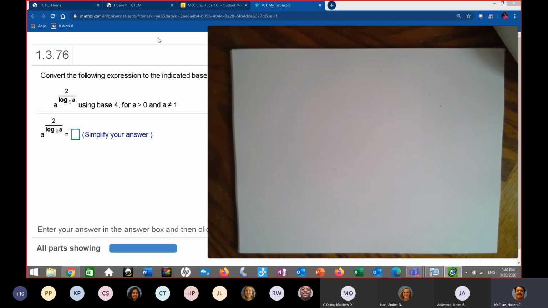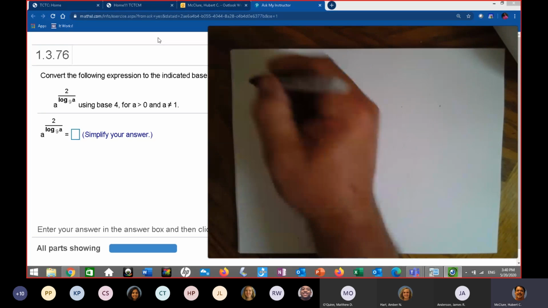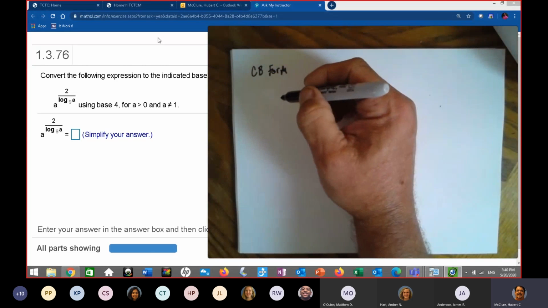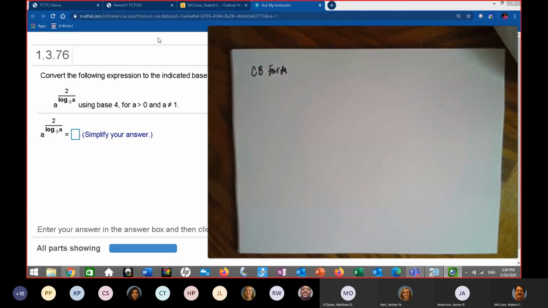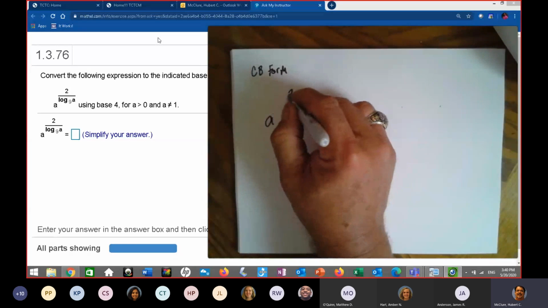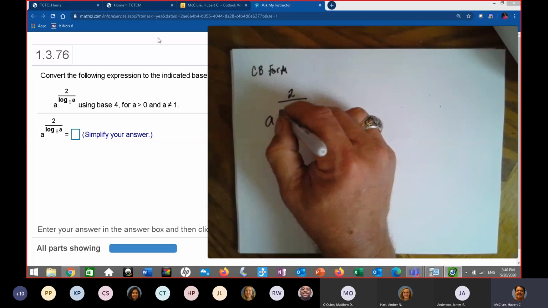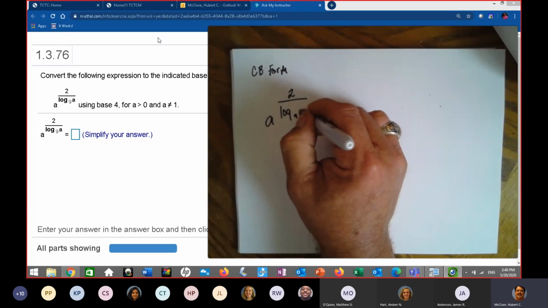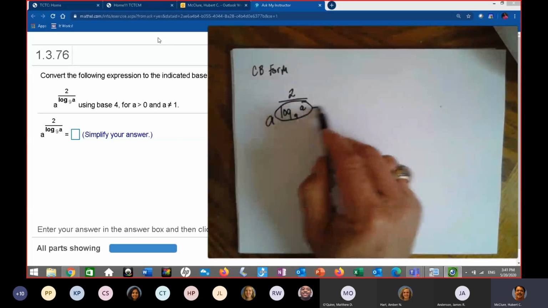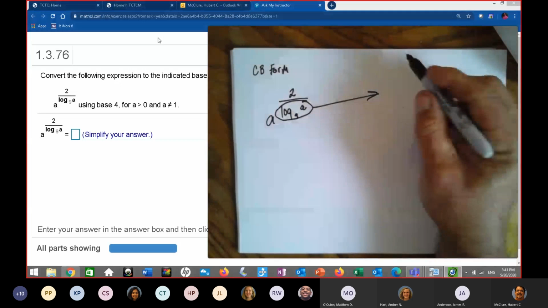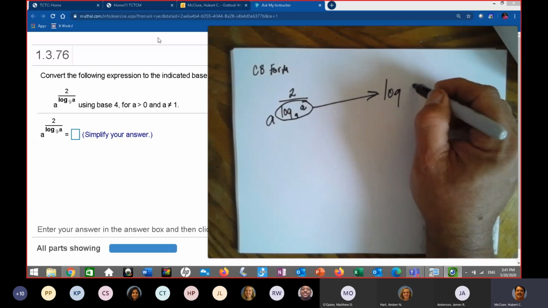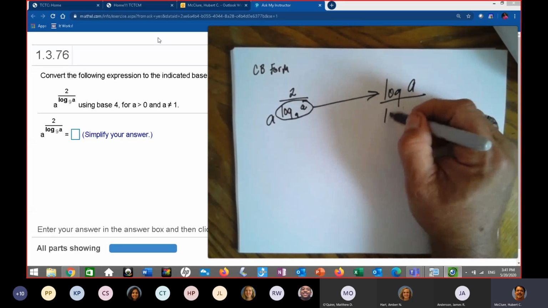Okay? You got to remember the change base formula first. Change base formula. So basically that denominator right there, I'm gonna go over here. I'm gonna say A to the 2 over log base 9 of A. And I'm going to take this over here and I'm going to rewrite that as log of A over the log of 9.